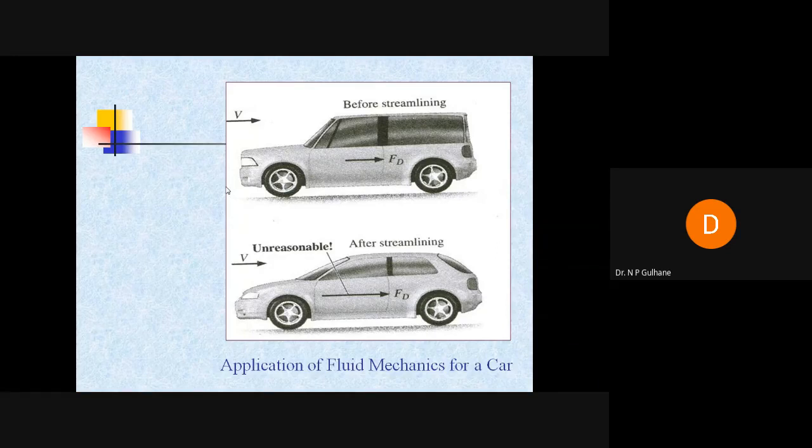But now if you see Skoda and BMW and all types of cars, they have different types of shapes in the bonnet, and here you can see the cursor. In fact, this type of shape provides less drag force, and more fuel economy.